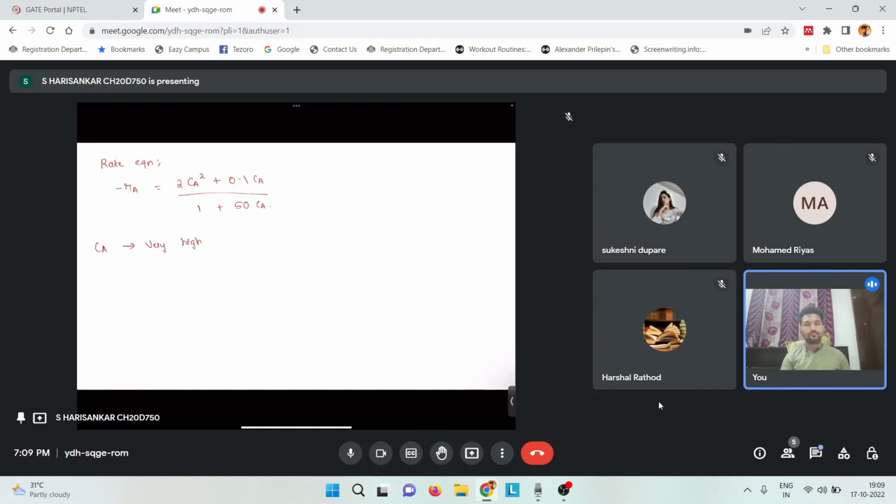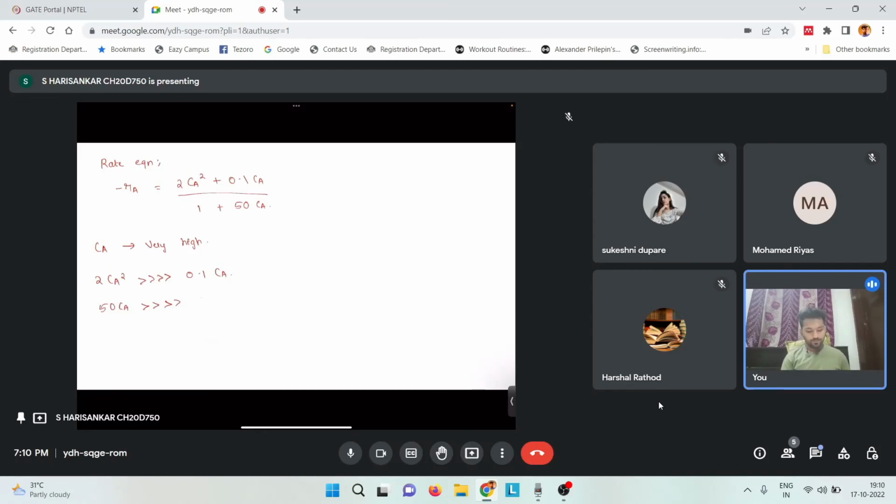So what this basically means is, in the numerator, 2 Ca square will be a lot greater than 0.1 Ca, and in the denominator, 50 Ca will be a lot greater than 1.